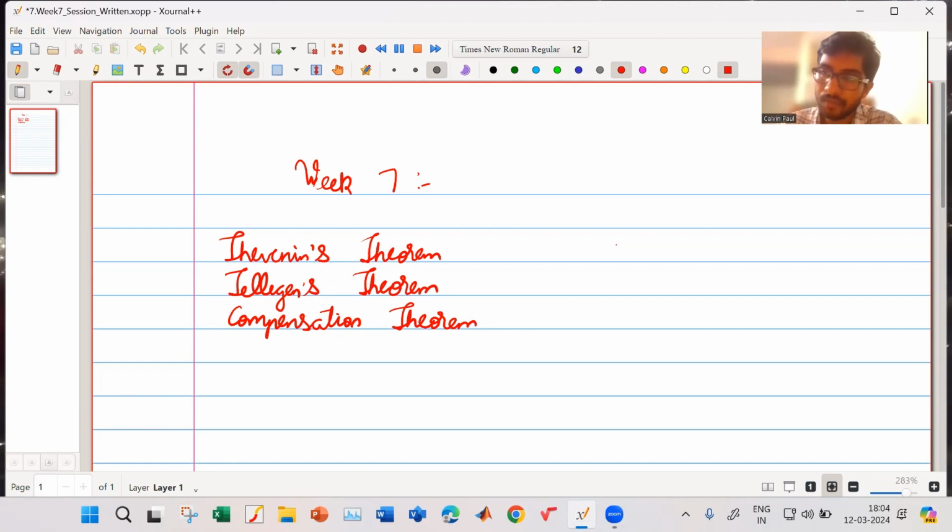These theorems are valid for linear systems.